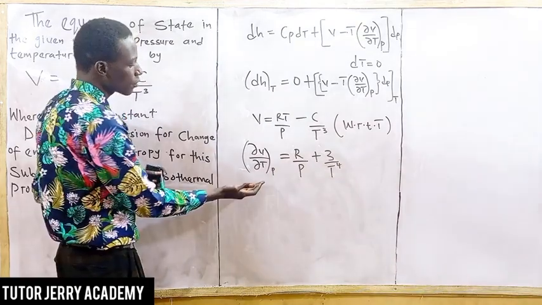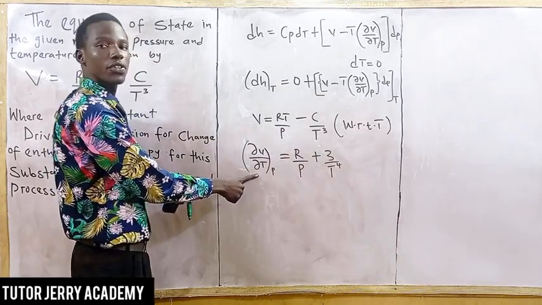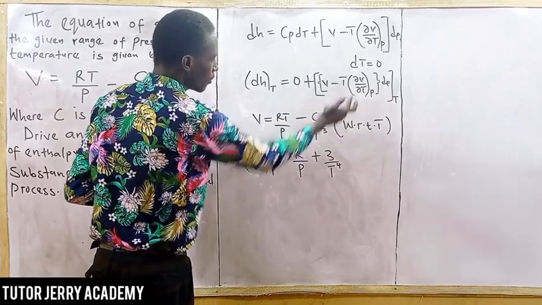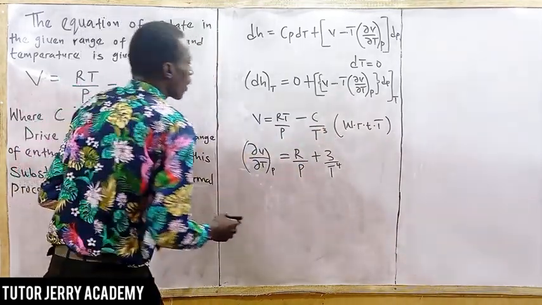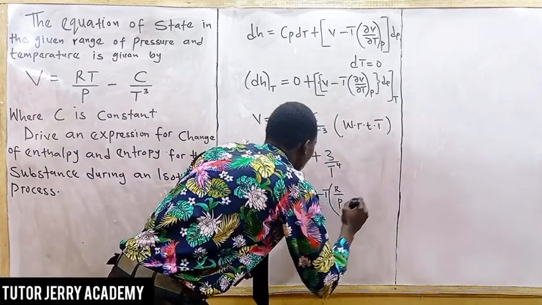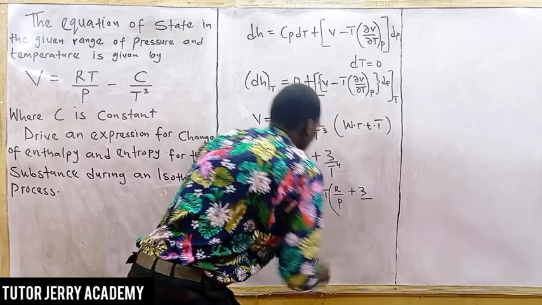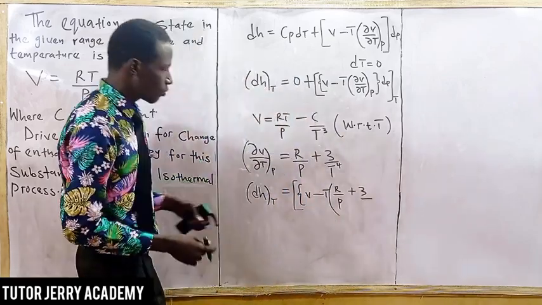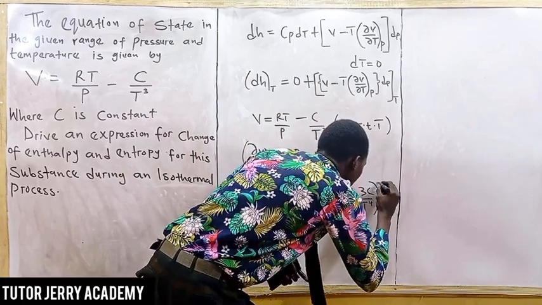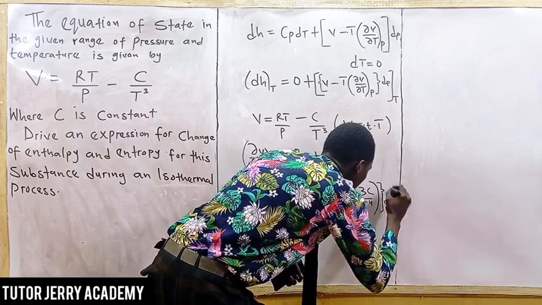Now we substitute the partial derivative of V with respect to T, keeping P constant, into this equation. So we have dH equals V minus T times (R over P plus 3C over T to the power of 4), keeping P constant.